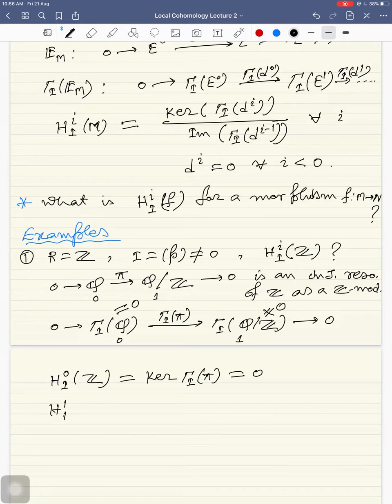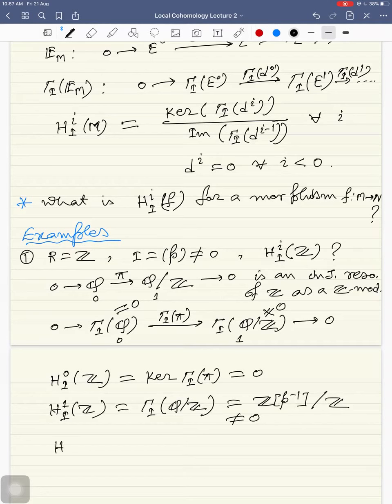And the first local cohomology module of Z with respect to I is the kernel of this map modulo the image of this map, but the image of this map is 0, so it is gamma I of Q mod Z. And we have seen this is just Z localized at P, in other words we can write Z polynomial ring in P inverse modulo Z. This is something non-zero.